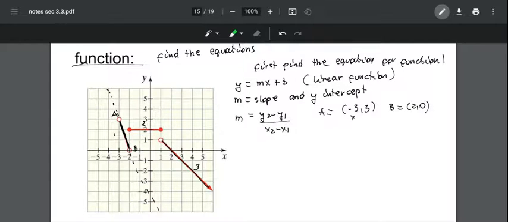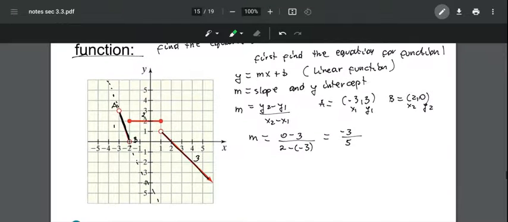So this is our x1, y1, x2, y2. So the slope will be 0 minus 3 divided by 2 minus -3, so we have -3 over 5. So this is the slope.